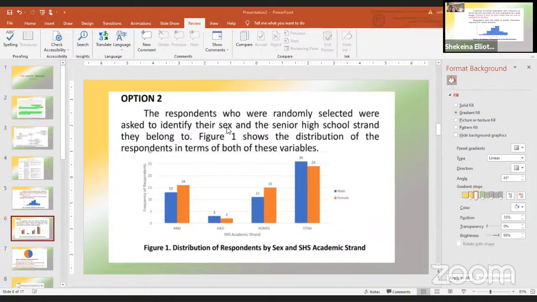It says the respondents who were randomly selected were asked to identify their sex and senior high school. So this was a question. Maybe 25, 26 participants. And of the 26 participants, it shows clearly that 13 of them, and it's color coded, 13 of them were males, and that's a frequency, and then it shows another 3 and another 11, another 26.